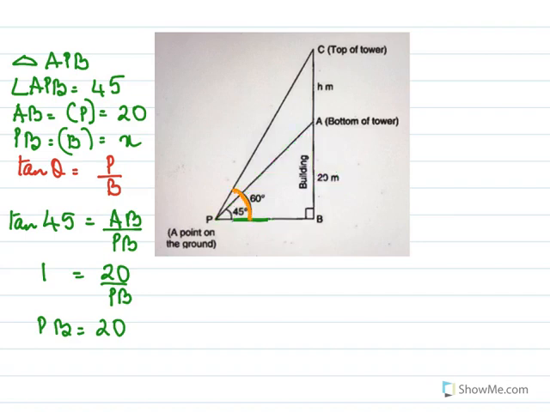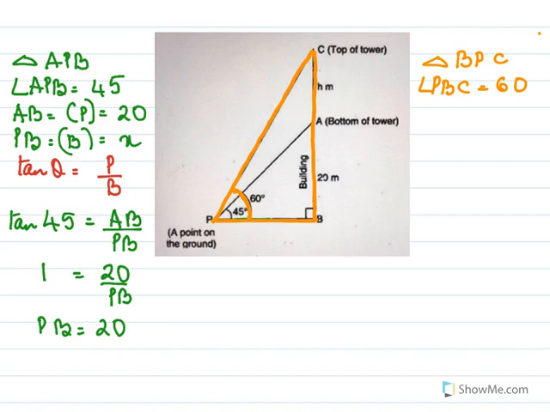Now it's time to take up the next triangle. The next triangle will involve 60. Now 60 is part of which triangle? Let me trace it out. So this is 60. It is a part of this large triangle. So we are now dealing with triangle BPC, and angle PBC equal to 60.